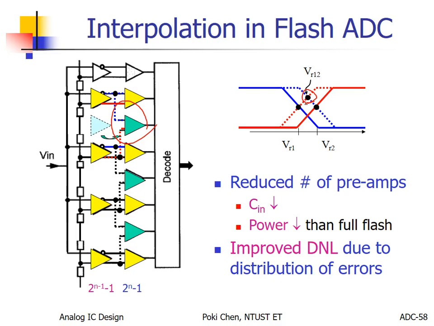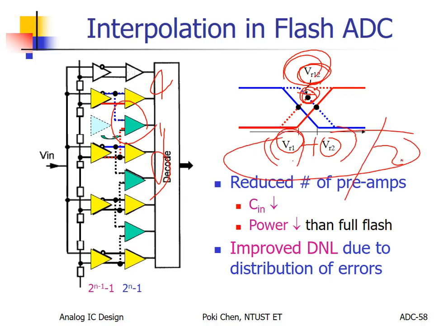You can see the cross point, the threshold voltage here, actually it is in between VR1 and VR2. If they are symmetrical to each other, to the top, to the bottom, it will be VR1 plus VR2 divided by 2, the average voltage between VR1 and VR2. That is exactly what we need for this one.